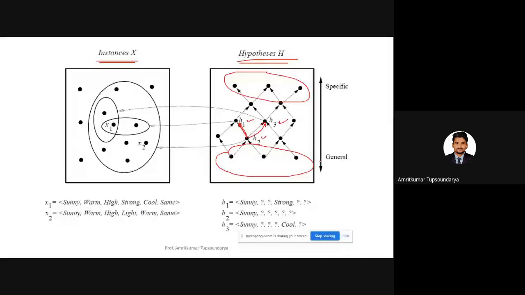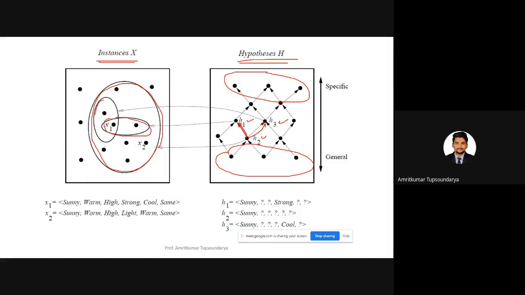So with the arrows pointing towards the less general hypothesis, now please note here that the subset of instances characterized by H2, let me draw this, talking about this subset, this subsumes the subset categorized by H1 and H3, right?